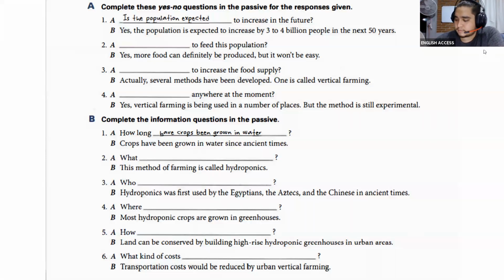Ready? All right. Let's check. Number 2.